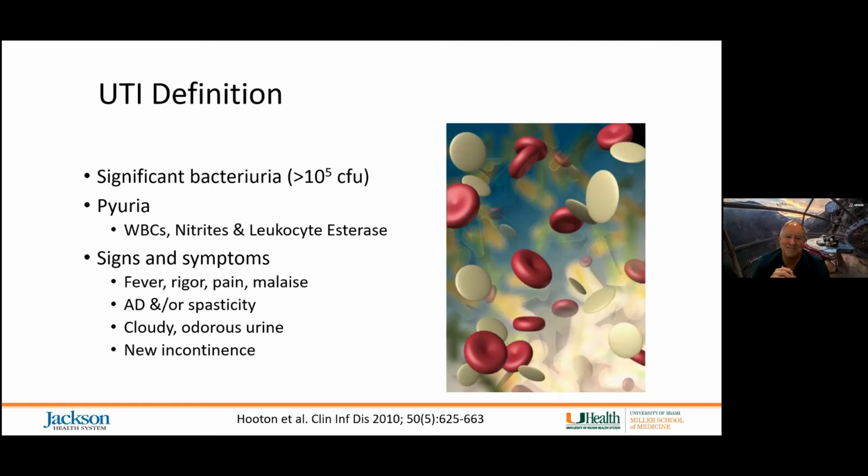So the signs and symptoms would include fever, rigor, pain, malaise, autonomic dysreflexia, spasticity that is new and different, cloudy odorous urine, and new incontinence. All of those signs and symptoms in the presence of significant bacteriuria and an elevated white count with nitrite positive, leukoesterase positive, that would indicate a urinary tract infection that I would want to treat.